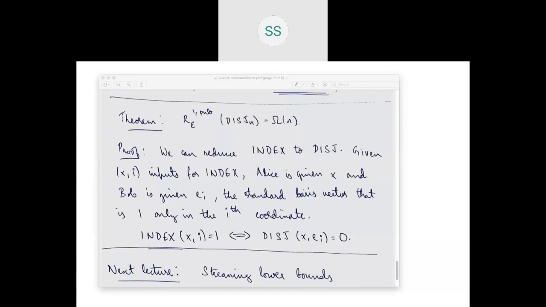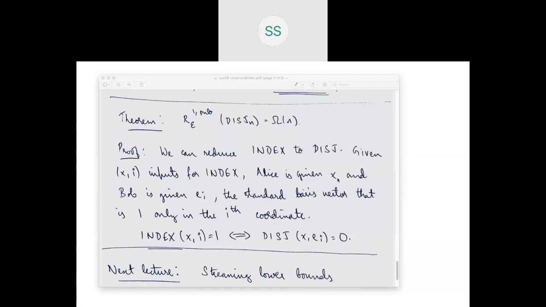Now Alice's input and Bob's input are disjoint if and only if x_i is equal to 0, because all the other positions don't matter.